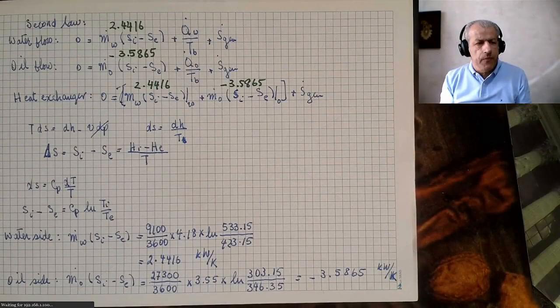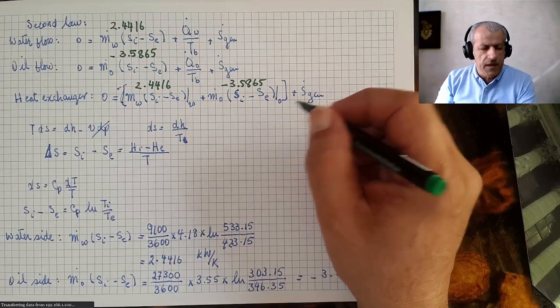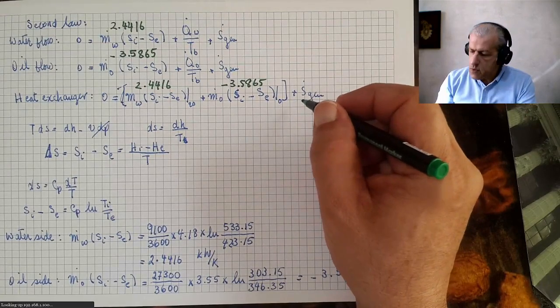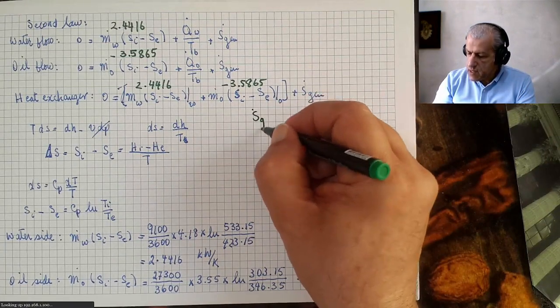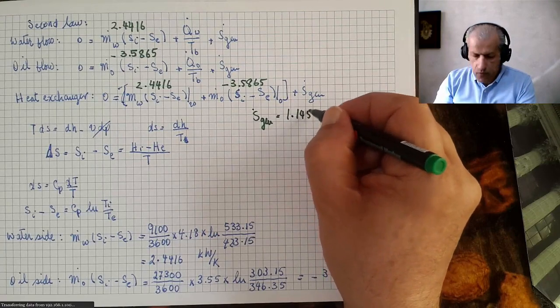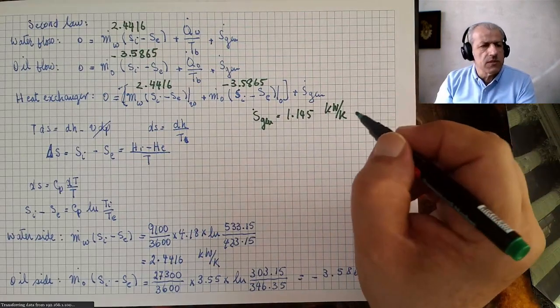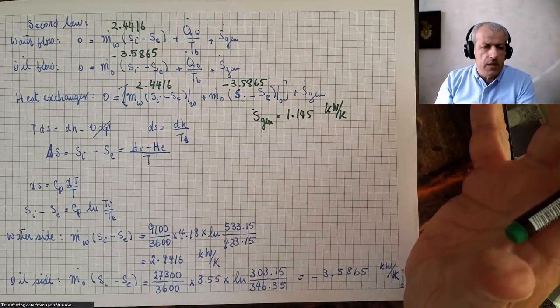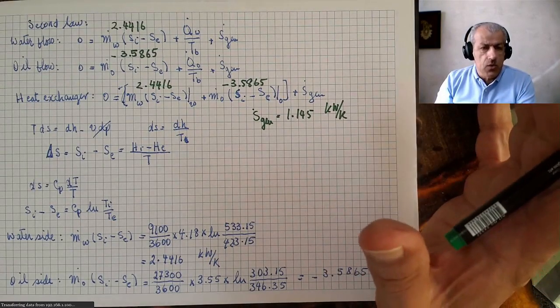Well, the first and very straightforward answer that we could get from these equations is from this one, because we have all terms here, and we could just calculate S dot gen. Here, S dot gen would equal 1.145 kilowatts per Kelvin, which is the entropy generated in the total heat exchanger.